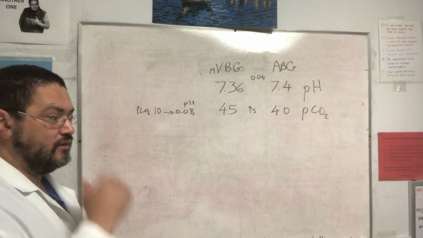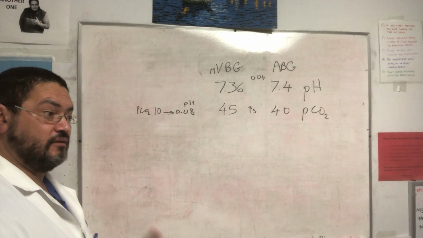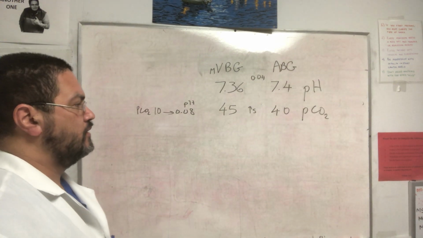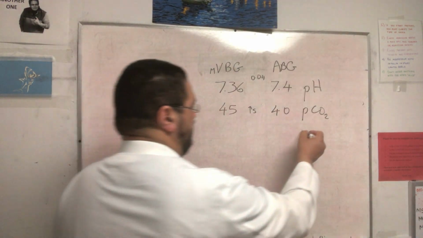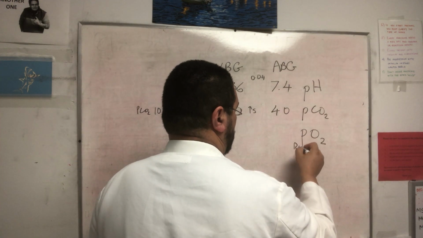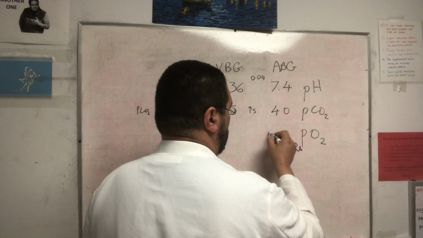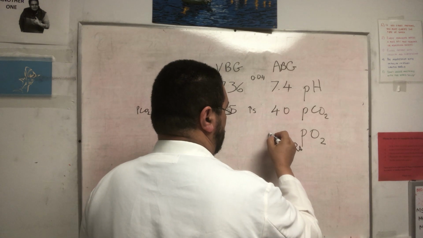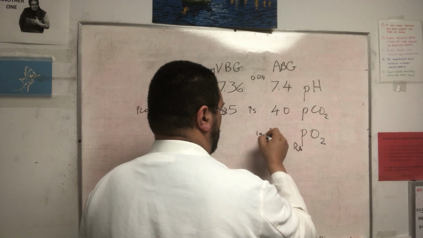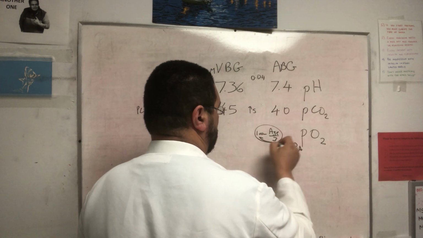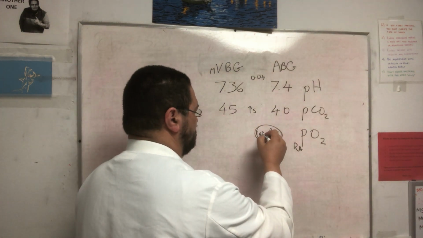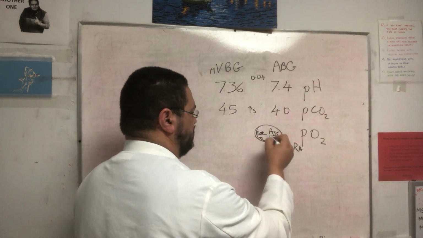But there are other things that make the VBG even better than an ABG in certain situations. So the PO2 in an ABG, let's say on room air, is equal to 100 minus age divided by 3. 102 exactly, just to be exact. 102 minus age divided by 3.